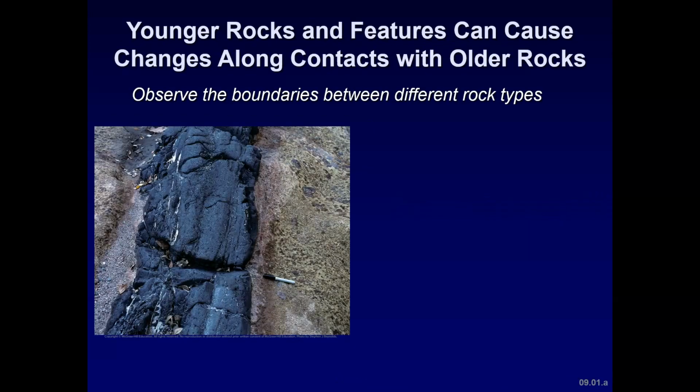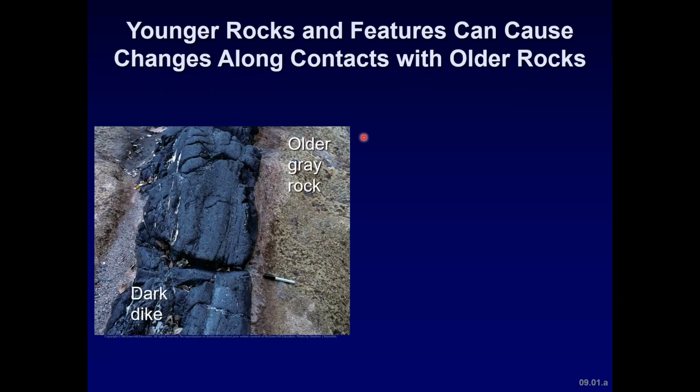Another principle is that younger rocks and features can cause changes along contacts with older rocks. What we have here is heat and fluids from a magma that solidified, affecting an older conglomerate.